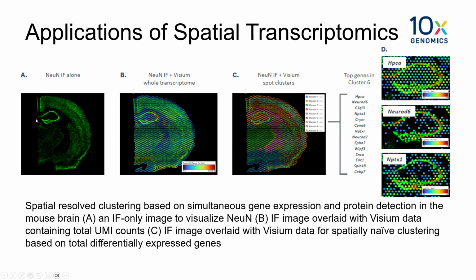Here, what they've done is stain for a marker of a differentiated neuron population by immunofluorescence, and they're overlaying that with their Visium whole transcriptome. When you do that, you can identify additional differentially expressed genes within that cluster.